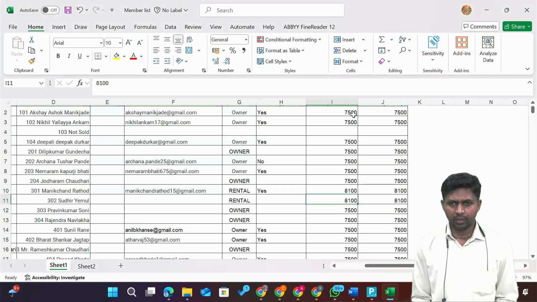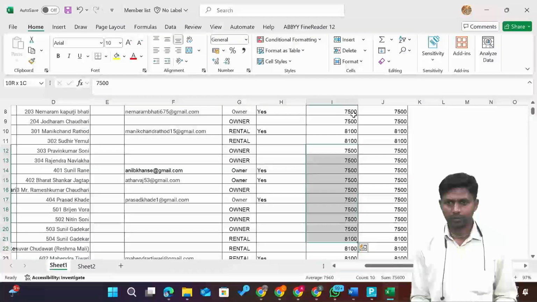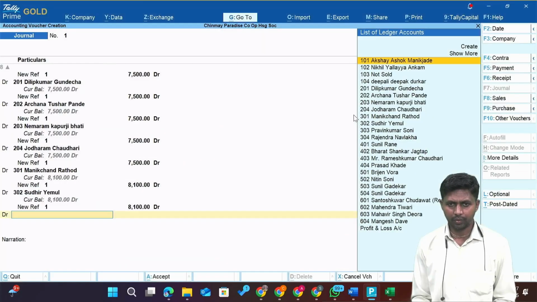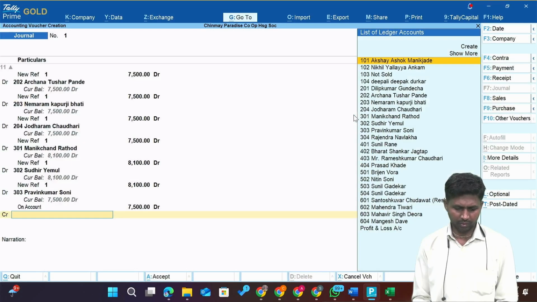Then for next, how many flats? Up to 503, 7,500 only. That means 303, 7,500, and keep it on account.